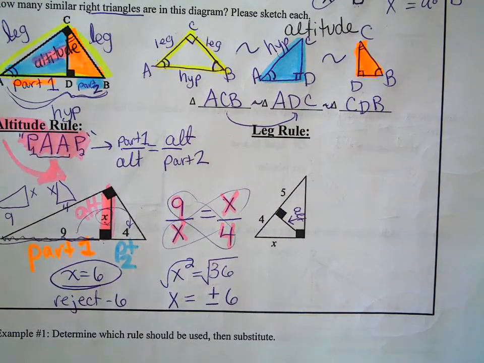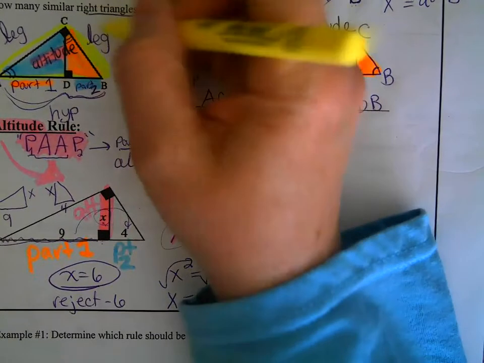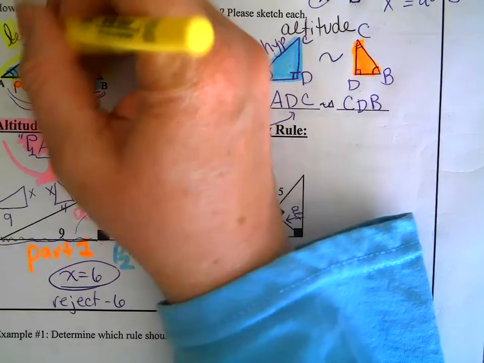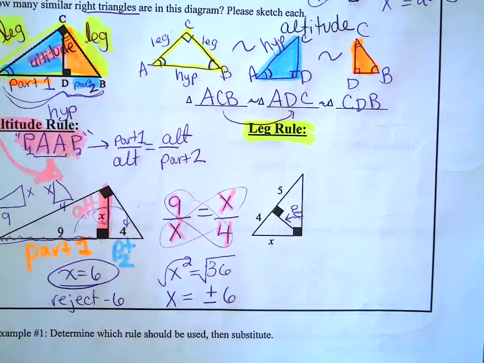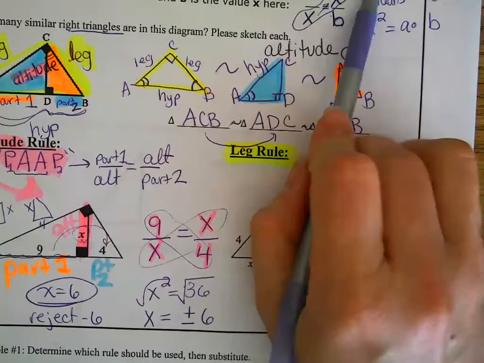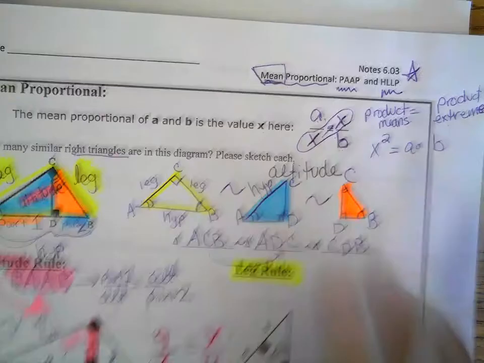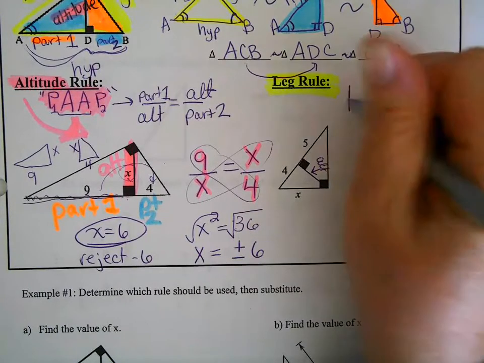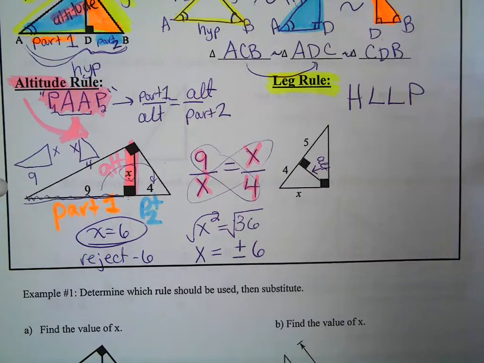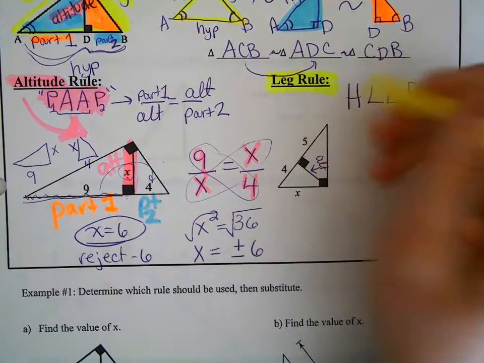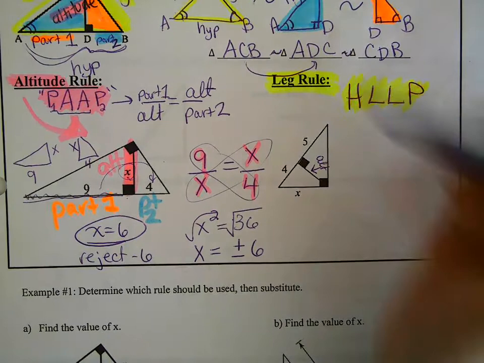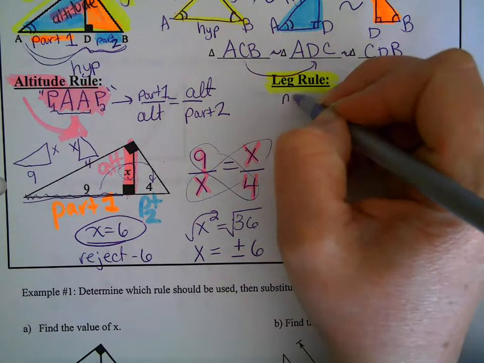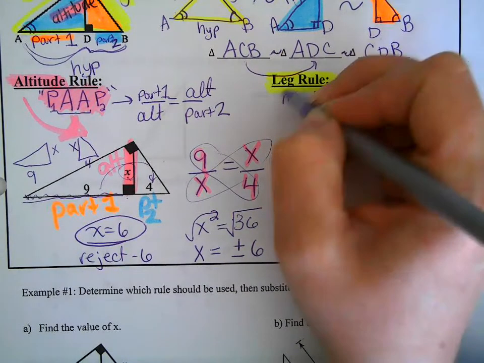So the leg rule, or what I've highlighted kind of in yellow here, is this HLLP, HLLP from the top of your notes. HLLP is when we have a leg. So you use the leg rule when there's no altitude measure given.